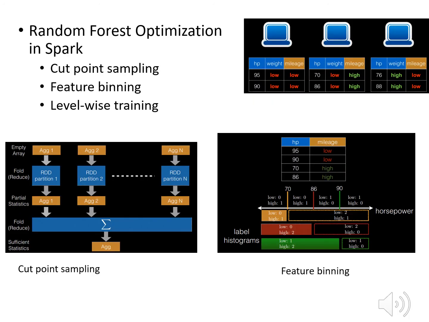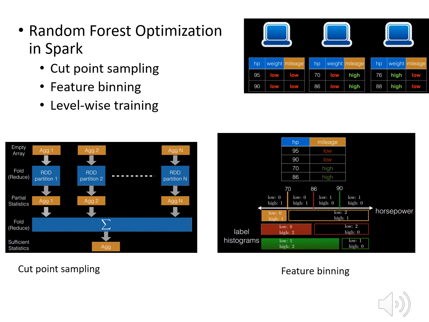In Spark, since the data is distributed, the algorithm should avoid a large amount of data transmission. So Spark has 3 optimization strategies for random forest. The first one is cut point sampling. This is especially for numerical values. When we are treating continuous values, we rank the data according to the features, and then find the cut point between 2 neighboring values.